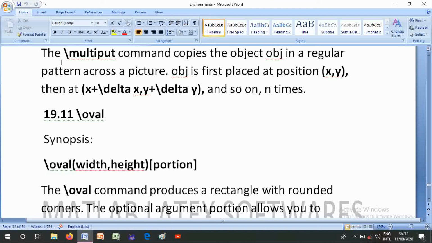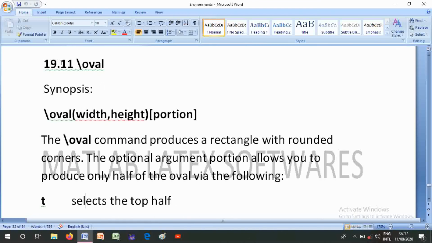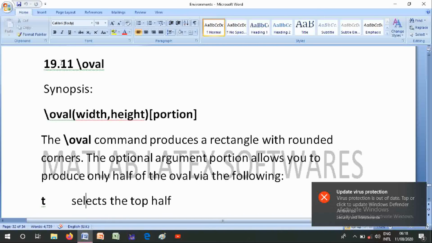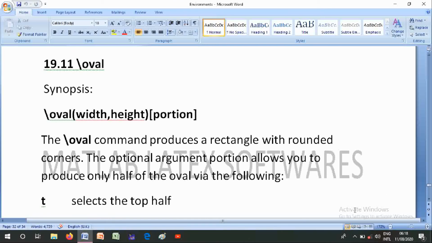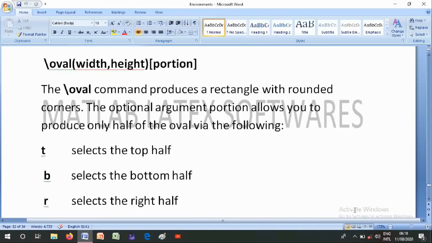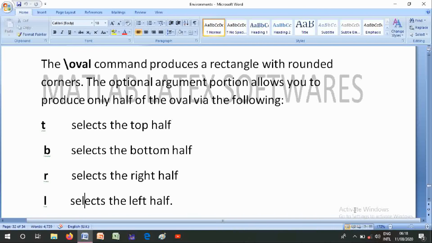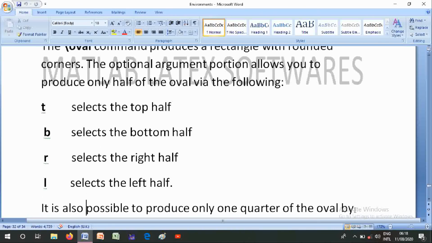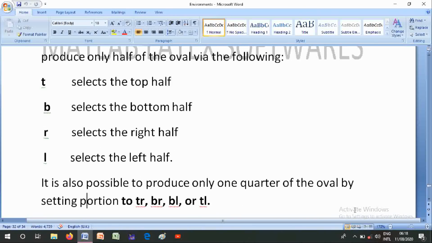19.11 is oval. Its synopsis is \oval(width,height)[portion]. The oval command produces a rectangle with rounded corners. The optional argument portion allows you to produce only half of the oval via the following. T selects the top half, B selects the bottom half, R selects the right half, L selects the left half.